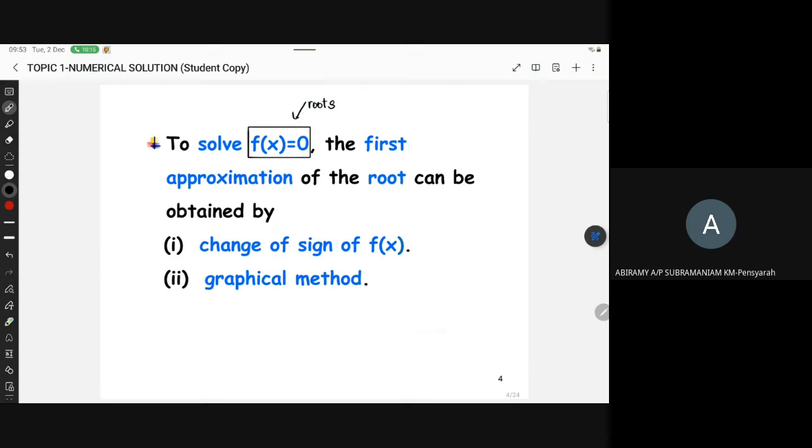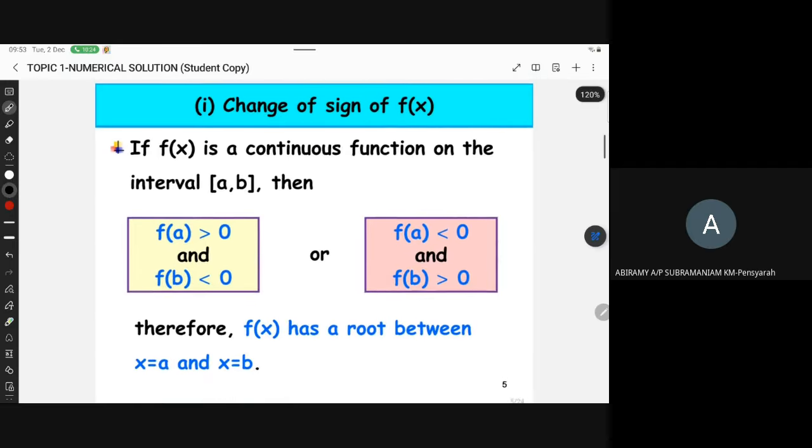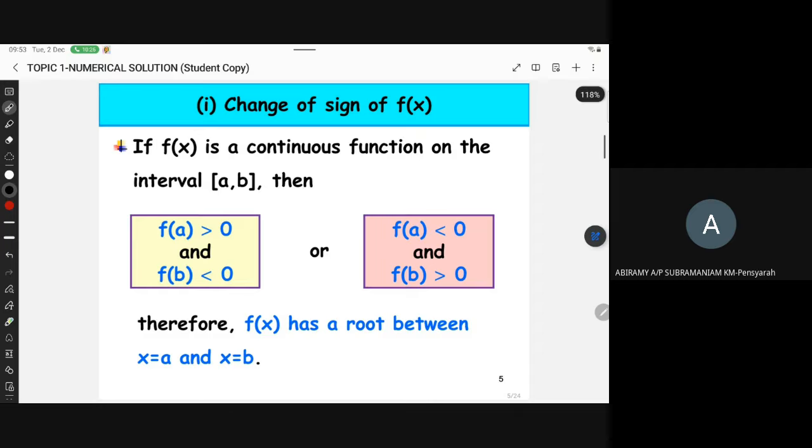The first approximation of the root can be obtained by, as I told you earlier, two methods: change of sign and graphical method. First we focus on change of sign. If f(x) is a continuous function on the interval [a, b], then f(a) greater than 0 and f(b) less than 0. What is the meaning of f(a)?